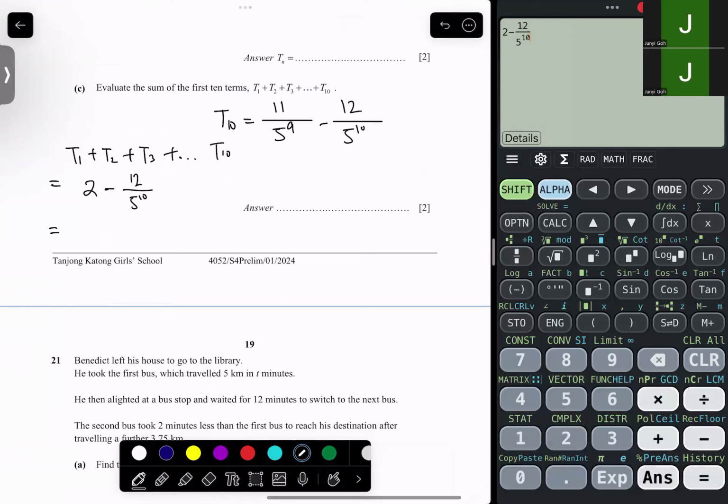So we get 1.9999, so we can round off to 2.003 as well.